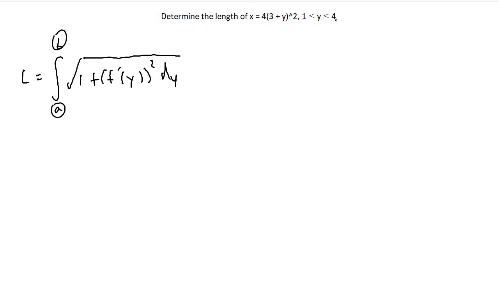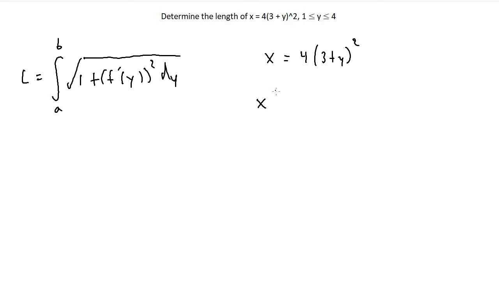Now we just need to find what f prime of y equals. So we have our formula, x equals 4 times 3 plus y squared. So I'll just write that here. Now we need to find what x prime equals, or the derivative of x.